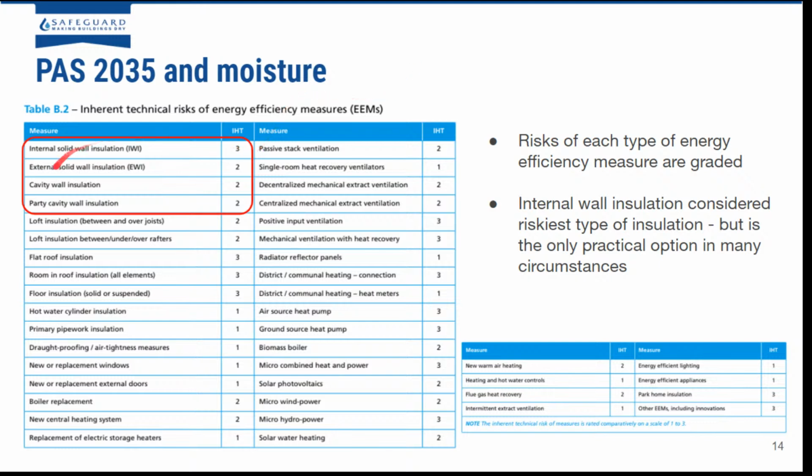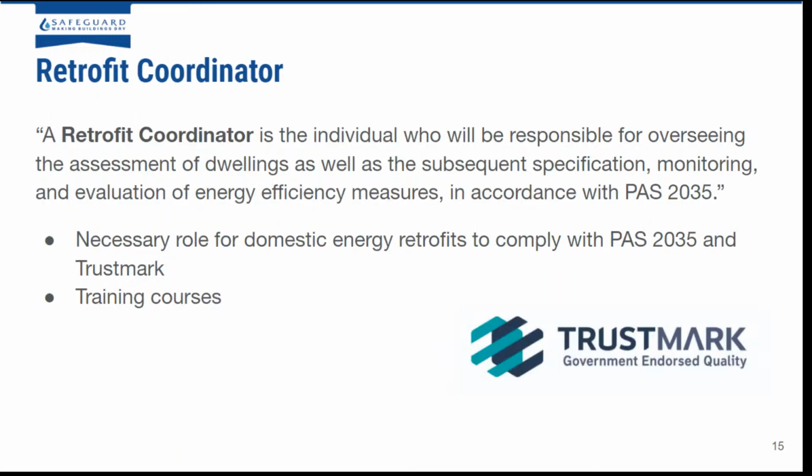You can see I've highlighted here the wall insulations. All of these come with a 2 of moderate risk, other than internal wall insulation, which has the highest risk of 3. So this really is considered the riskiest type of insulation, but is the only practical option in many circumstances. And I'll go into why that is later on.